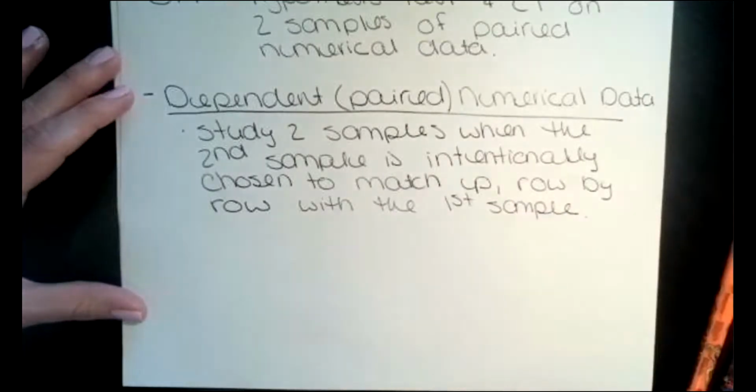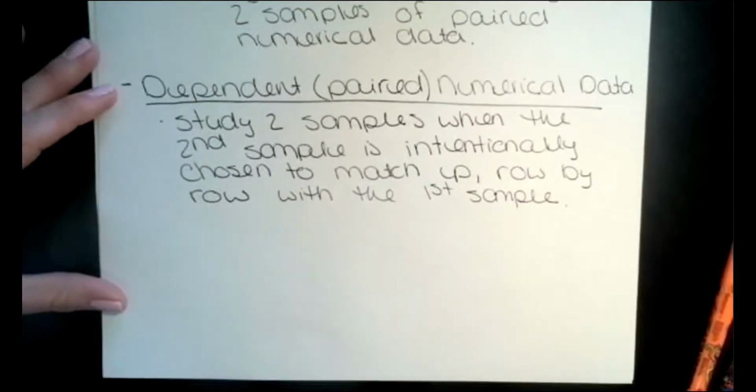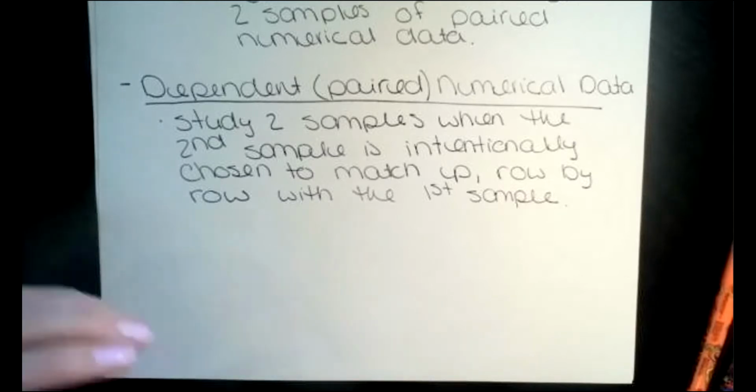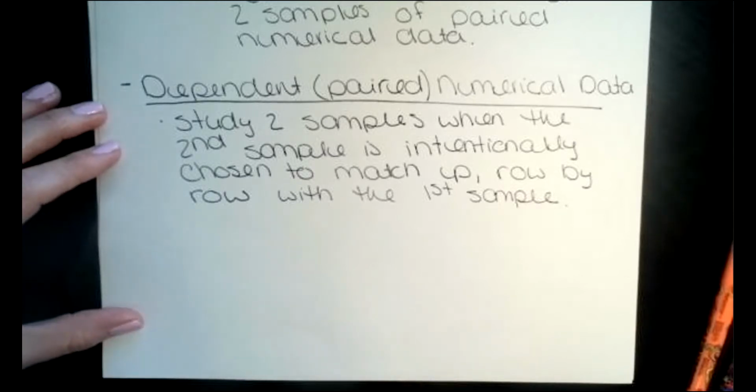So that's when we have dependent or paired data. It's when that second sample matches up row by row with the first sample.